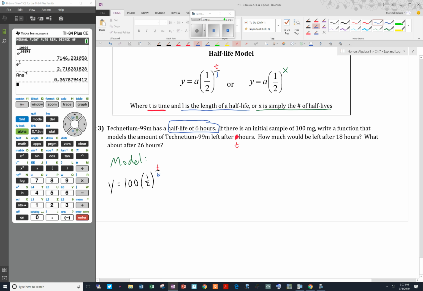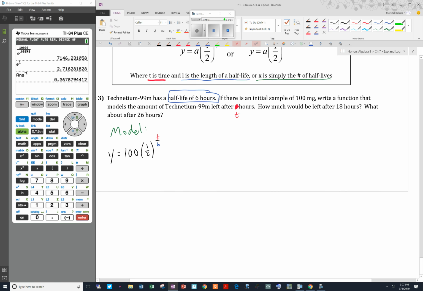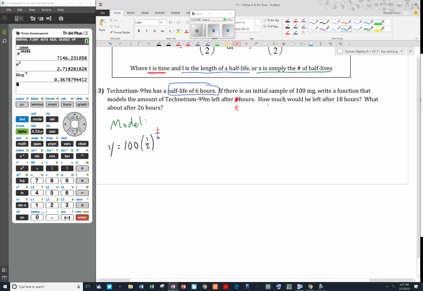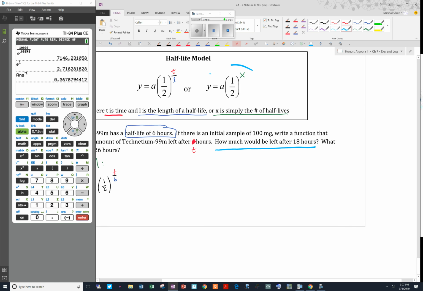So now what I can do is put in the number of hours and know how many half-lives have gone by. For example, it asks how much would be left after 18 hours. Well, for this one, isn't it really easy to know that after 18 hours, 3 half-lives have gone by? We can just use this idea here. So after 18 hours, I know 3 half-lives have gone by, so I'm just going to put a 3 right there.